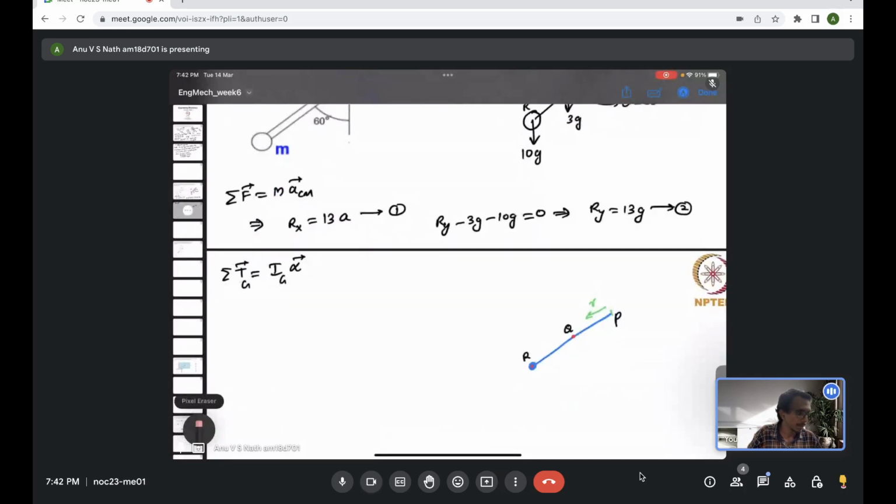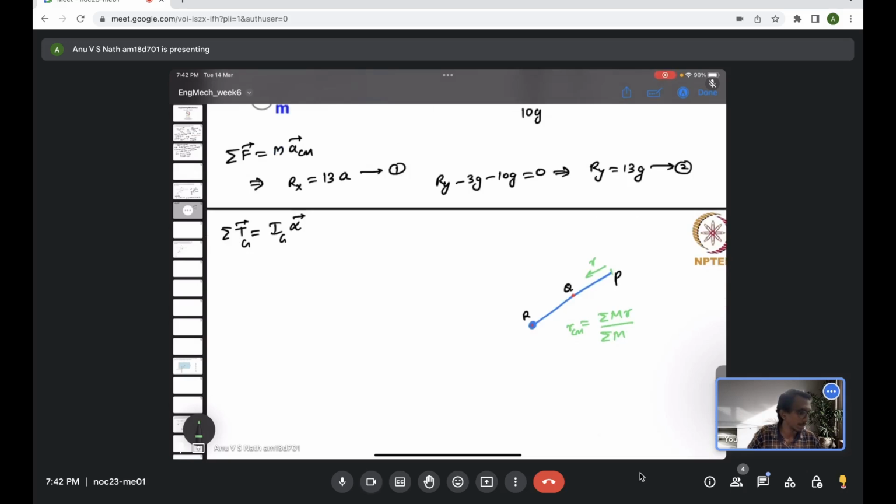The center of mass location, R center of mass, is given by the sum of masses times their positions divided by the sum of masses. So here you write the mass of the first body times the position of the center of mass of the first body, plus the mass of the second body times the position of the center of mass of the second body, divided by the mass of the first body plus the mass of the second body.